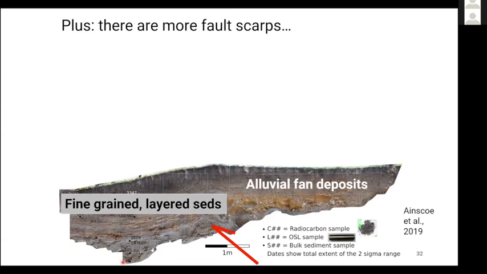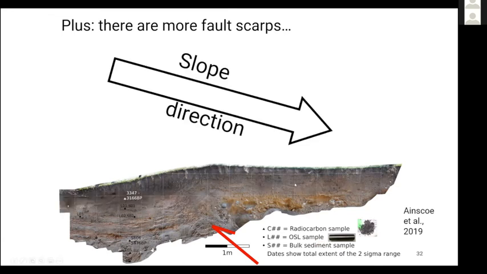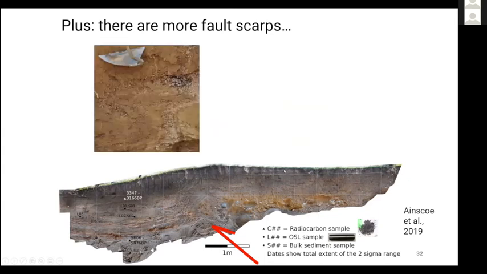So it's clear that these things went up on the fault rupture, okay? So that's the first thing. And this is the slope direction. Now, another observation from the trench is that we have deformation here in these fine-grained sediments. So this picture shows you deformation. Look at this pale brownish layer here. It's deformed.